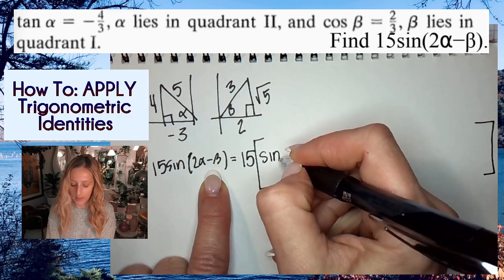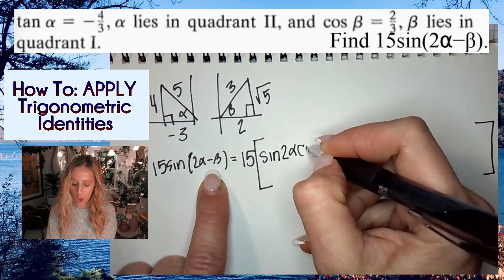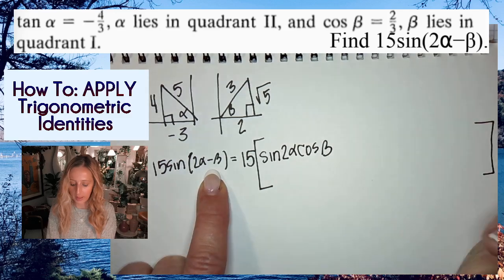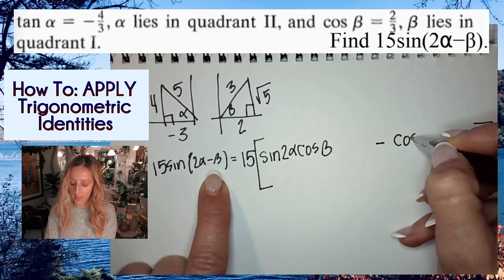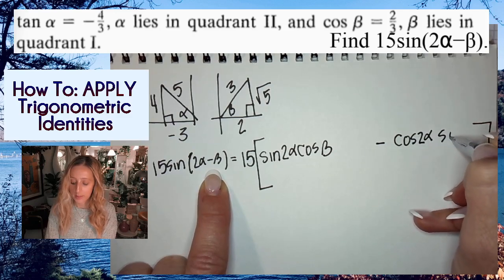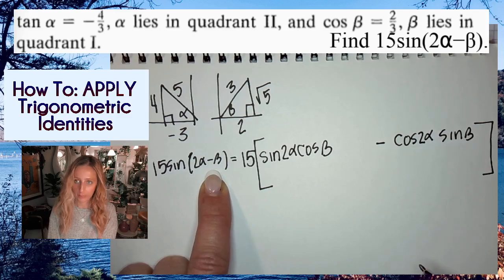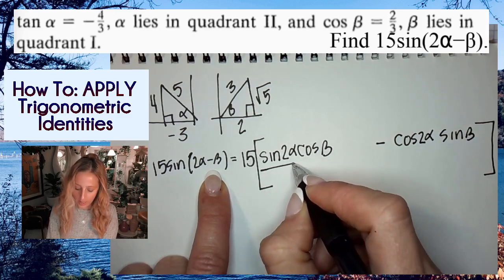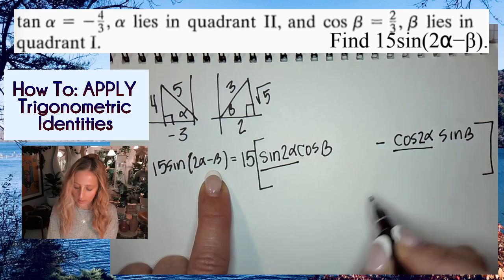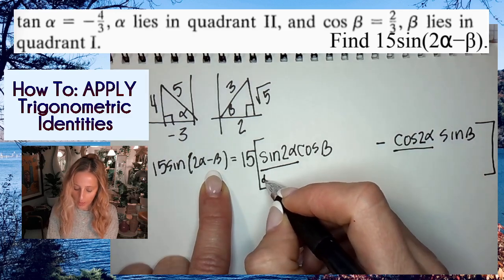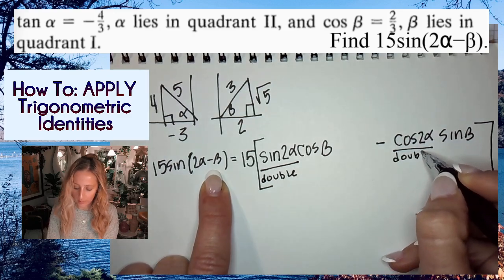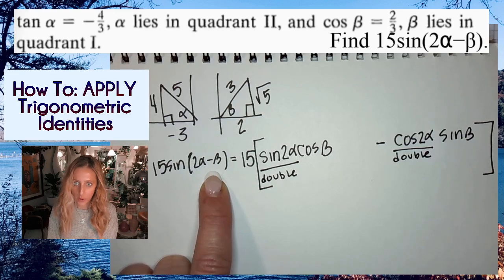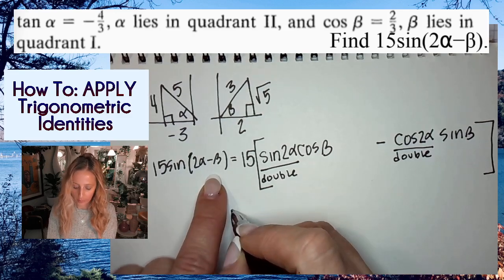That is sine of the first angle, cosine of the second, sine keeps the same sign, minus cosine of the first angle, sine of the second. This and this require us to use the double angle identity. So I'm going to have to take this further.